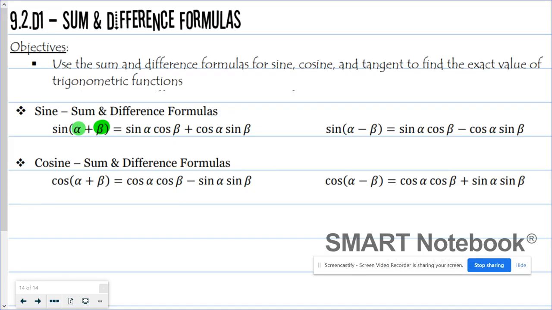Once we have those two reference triangles, we should find any missing sides using Pythagorean theorem, and then we can calculate our 4 trig exact values. Each of these formulas does involve us finding 4 exact values. And then basically multiply and combine those fractions. There you have it. Those are your sum and difference formulas.